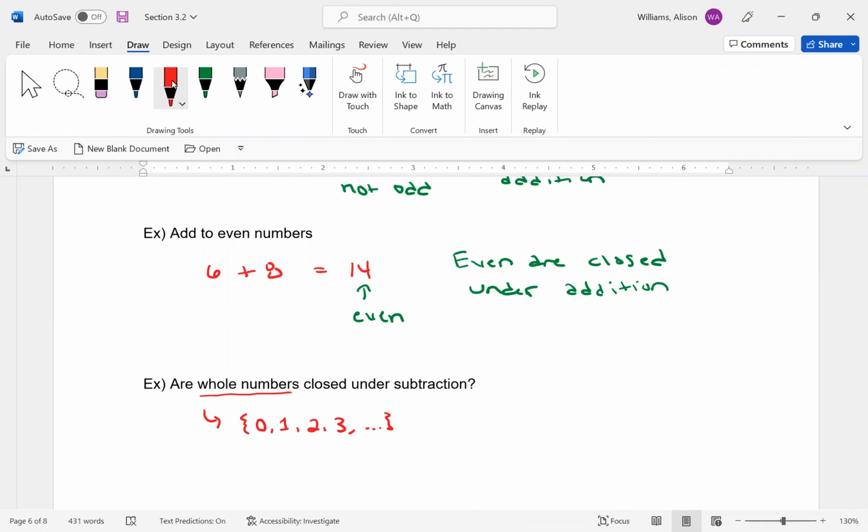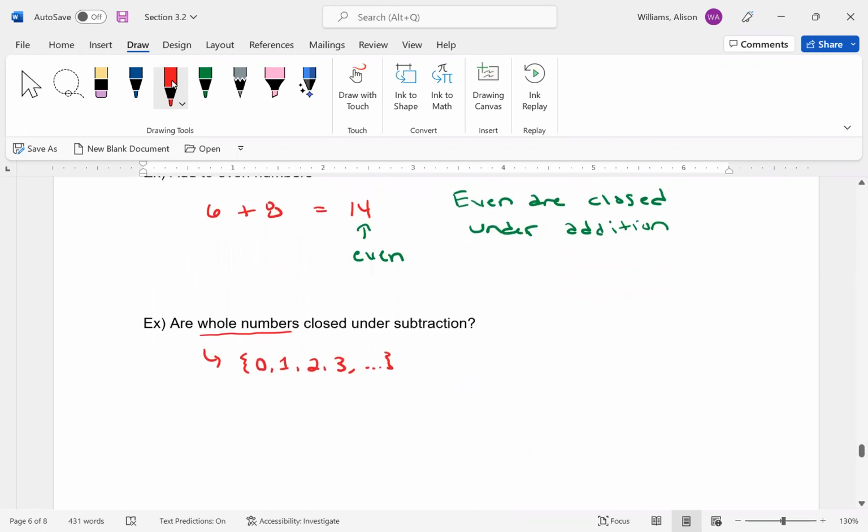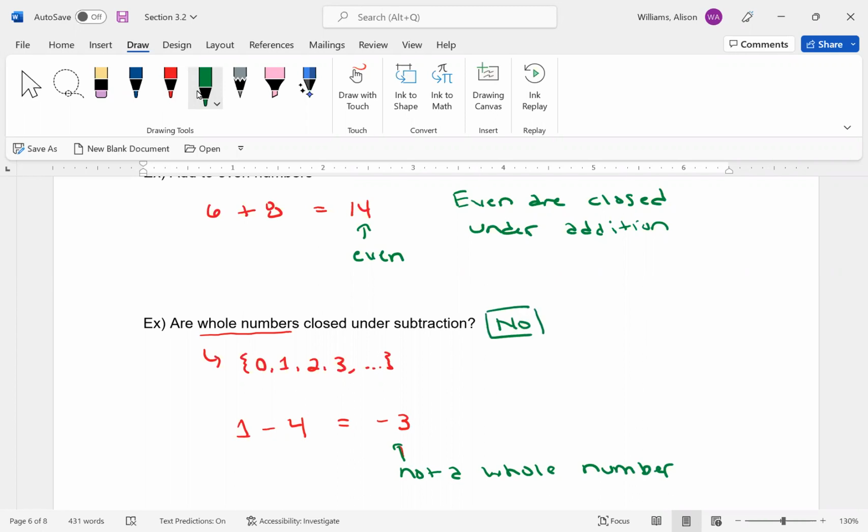So maybe it would be smart if I got an example where I get a negative. Let's say I pick the number 1 minus 4. Those are two whole numbers, but when I subtract them, I get -3, and that is not a whole number. So the answer is no, because I found a counterexample. I gave an example of something that didn't work.